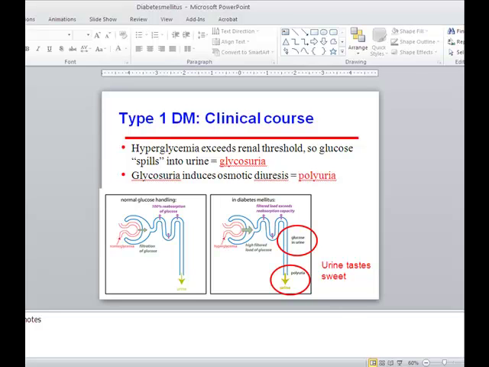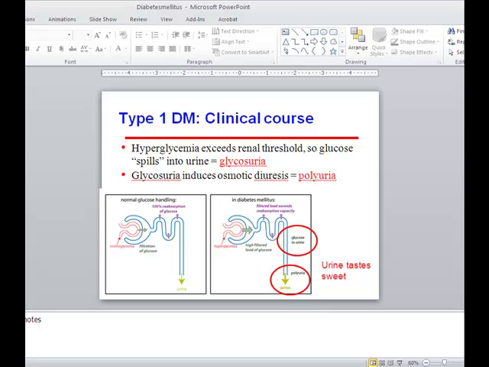Also, when you have more than the normal amount of glucose that is filtered and moving to the renal tubule, that increases the osmolarity of the contents of the renal tubule.